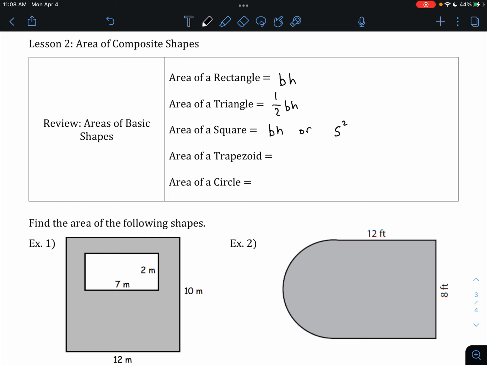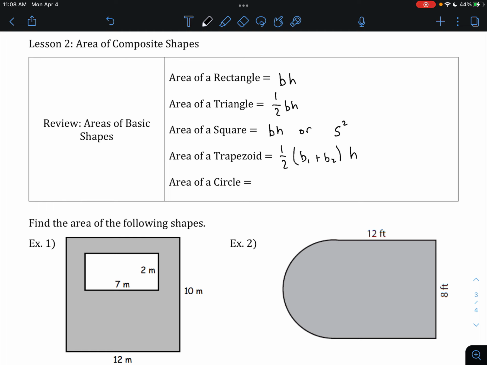Now the next one we are going to see, just not as much, and that's the area of a trapezoid. A trapezoid, remember, is something that looks like this. We talked about that last semester. And the area of a trapezoid also follows an equation where we have 1/2 of the two bases, base 1 plus base 2, times the height.